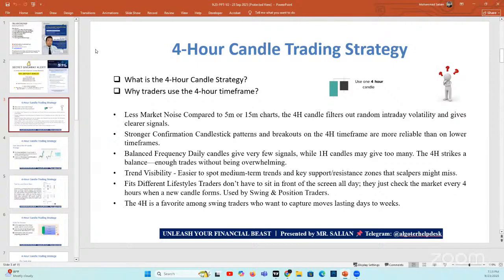So they just check the market every 4 hours when a new candle forms. Used by swing and position traders as well.